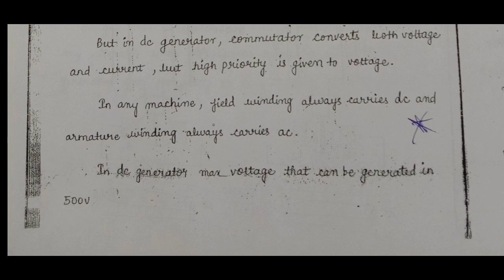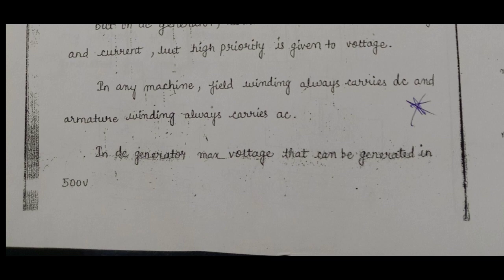In a DC generator, the maximum voltage that can be generated is 500 volts.